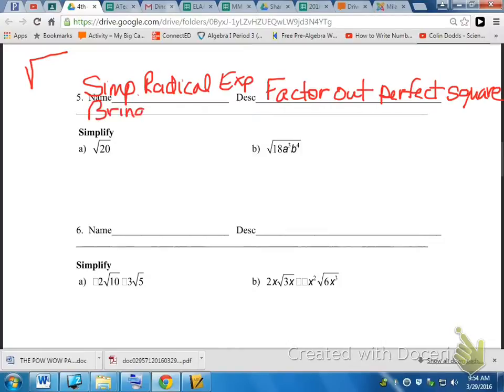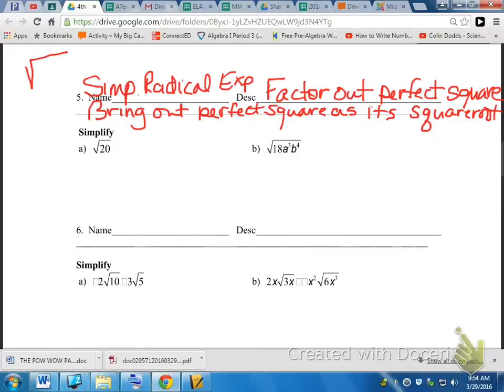Bring out perfect square as its square root. So factor out perfect squares. Bring out perfect square as a square root.